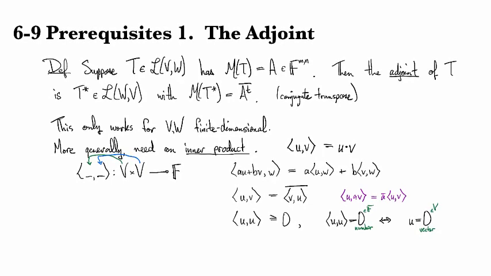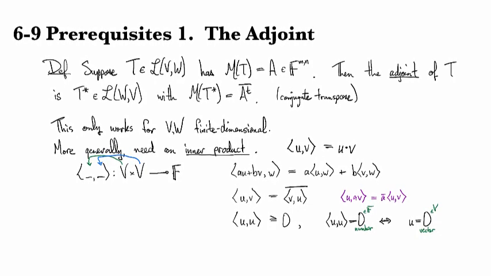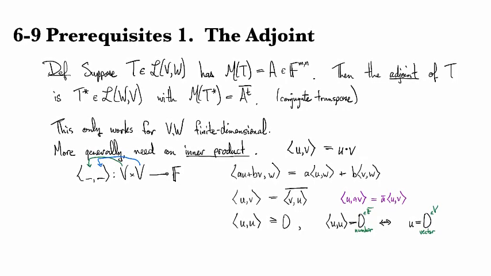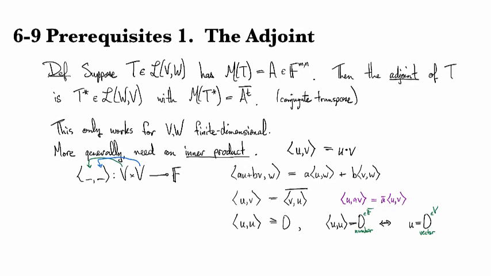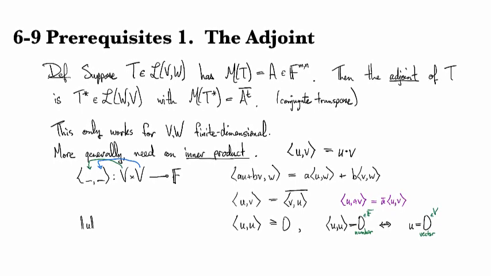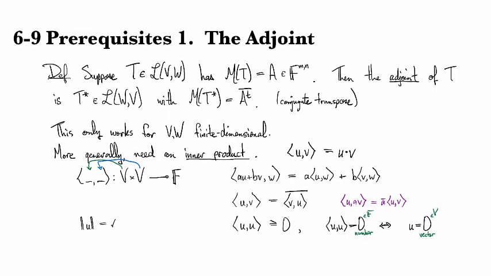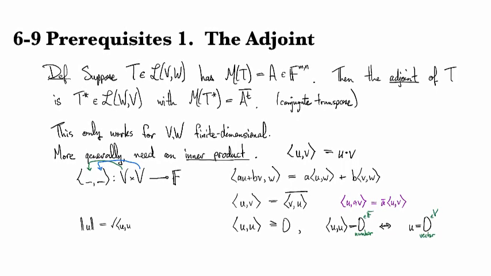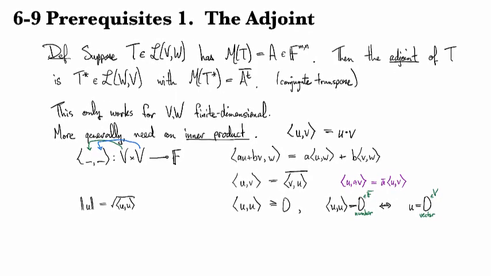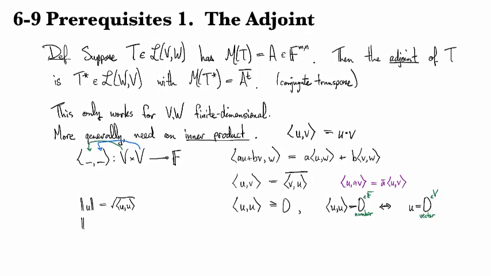Okay. And then once you have all this, you can do a bunch of stuff. You can talk about geometry, you can do projections, so on and so forth. One of the big things that you can do with it is you can define what the length of a vector is, and that's defined to be the square root of the inner product of u with itself. And then you can talk about how far apart vectors are.